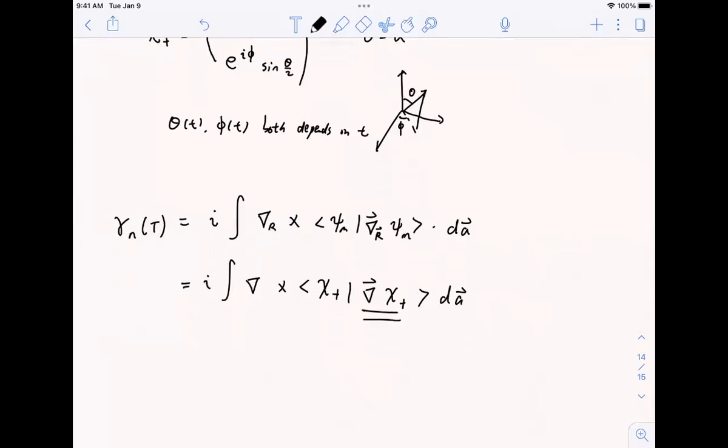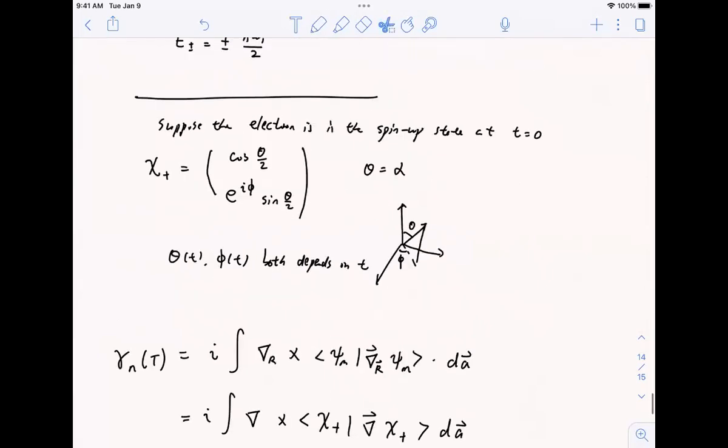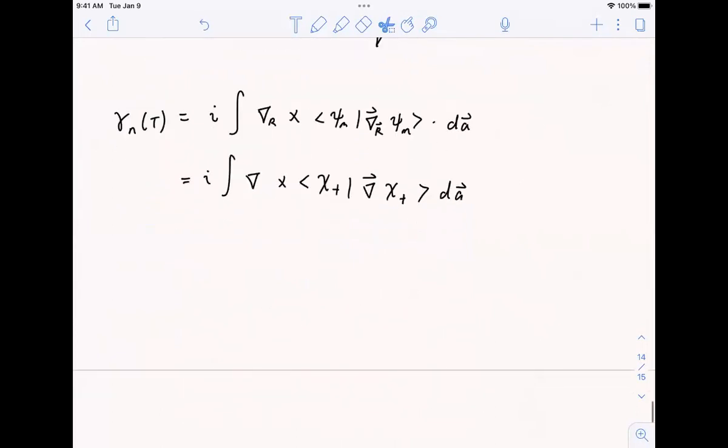So let's get this thing. You have this eigenstate, so you just get this one.